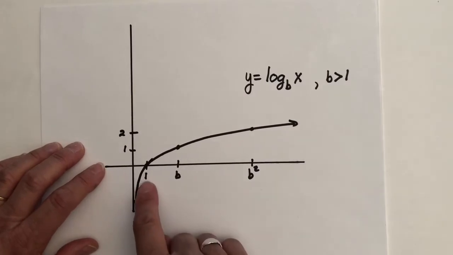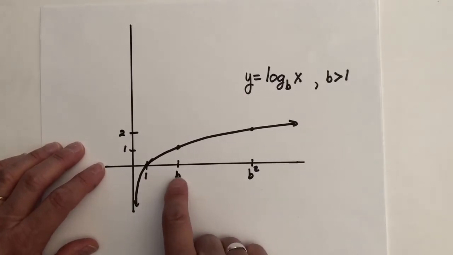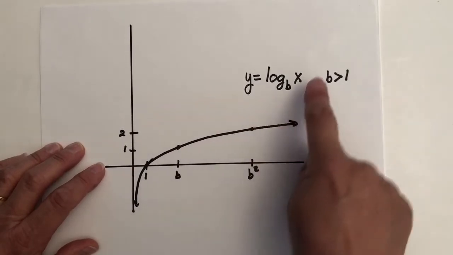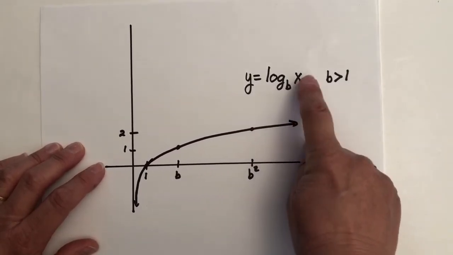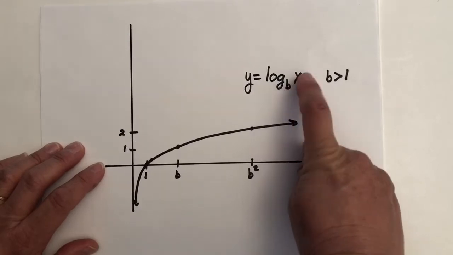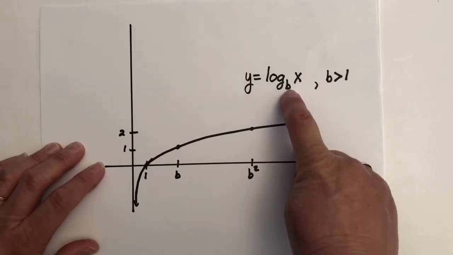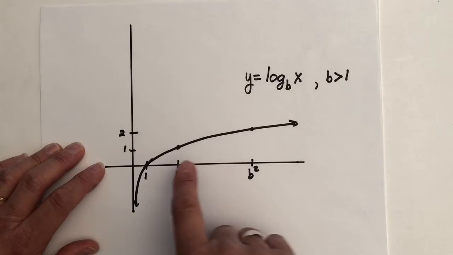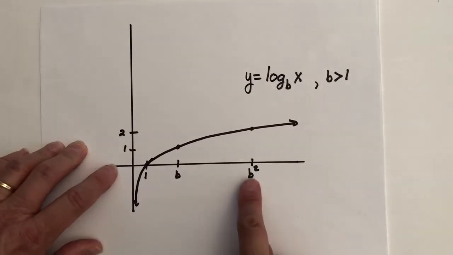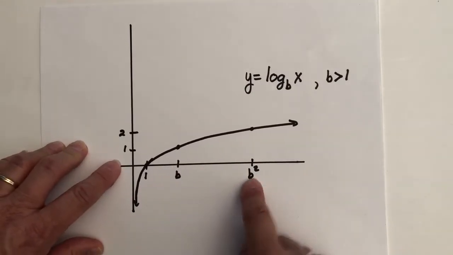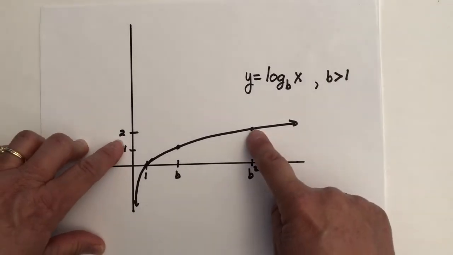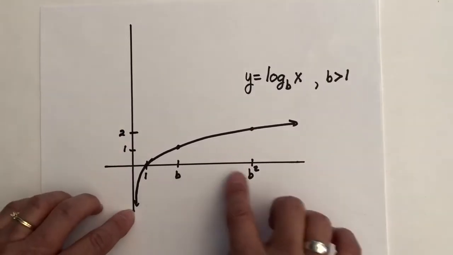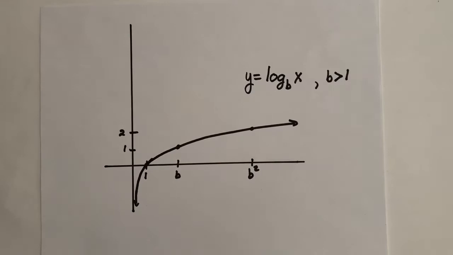And notice I put in here that if your base is b, at b, you would be at 1. Because the log of 3 base 3 is 1. The log of 7 base 7 is 1. The log of 11 base 11 is 1. The log of b base b is 1. Similarly, at b squared, whatever b might be, you'll be at 2. So those are a couple key points that you could graph depending on how precise your graph needed to be.